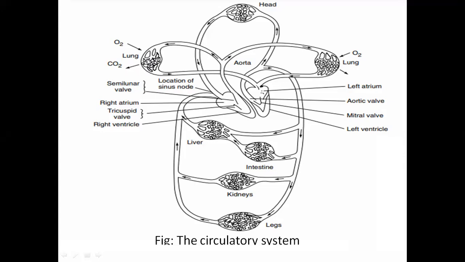The oxygenated blood from the lungs will be collected in the left atrium, and from the left atrium the blood will be sent to the left ventricle, and from the left ventricle it goes to the aorta, and from the aorta it is sent to different parts of the body.